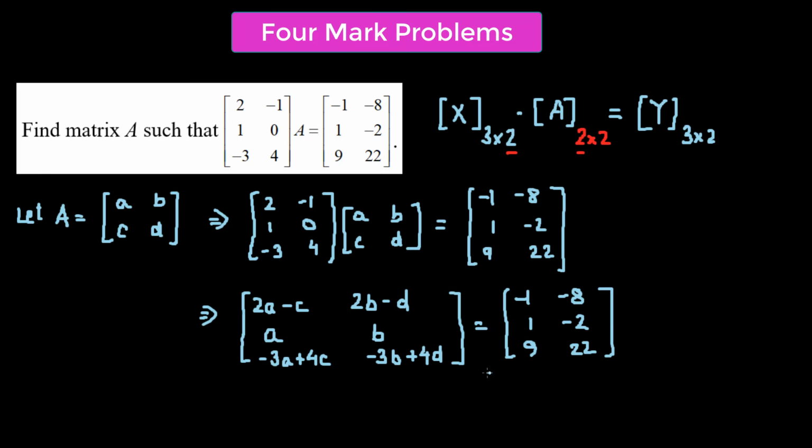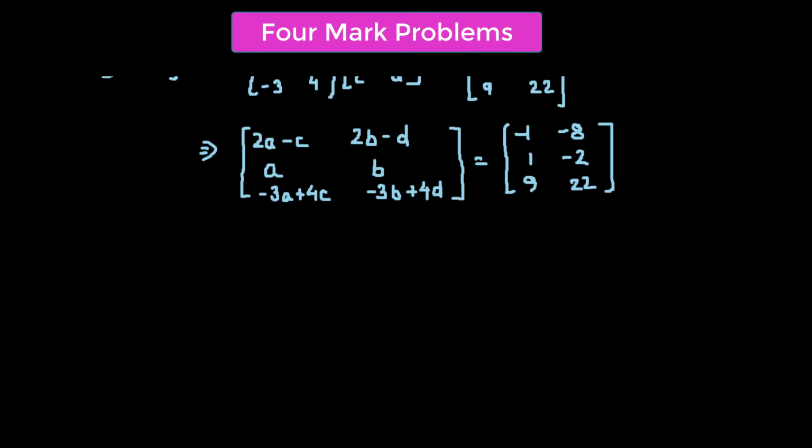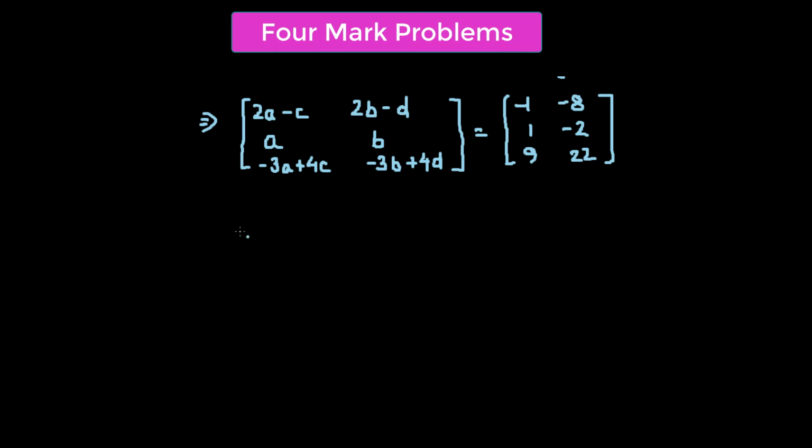Since they are equal matrices and both are of the same order, we can equate the corresponding elements. So the first equation will give us 2A minus C is equal to negative 1. Then we get 2B minus D is equal to negative 8. Then A is equal to 1 and B is equal to negative 2. We don't have to rewrite the other equations. These equations will help us to find out all the values.